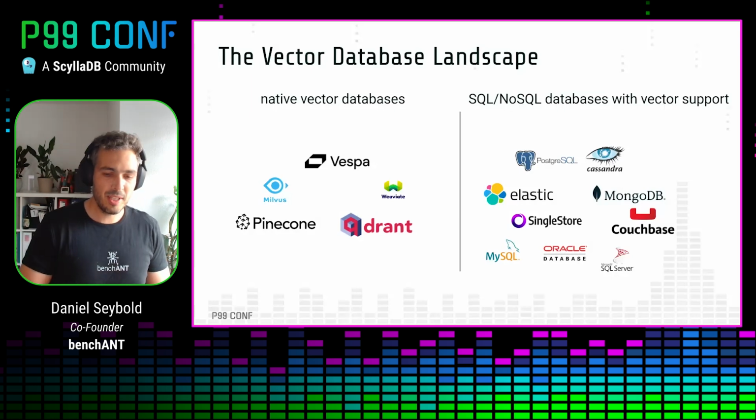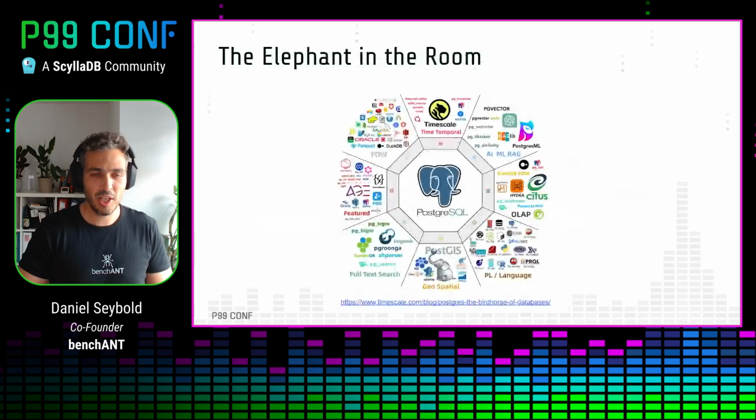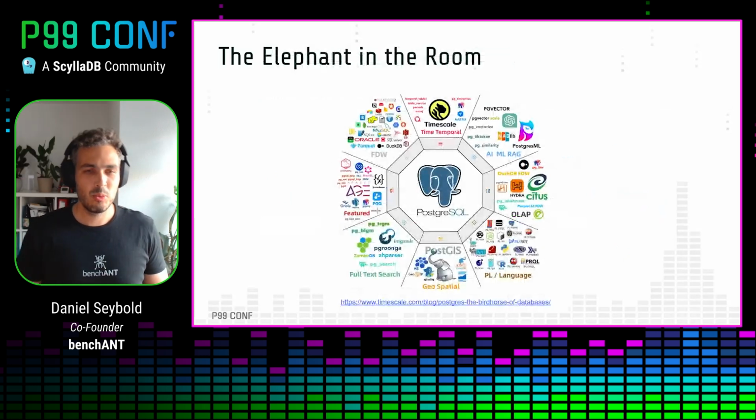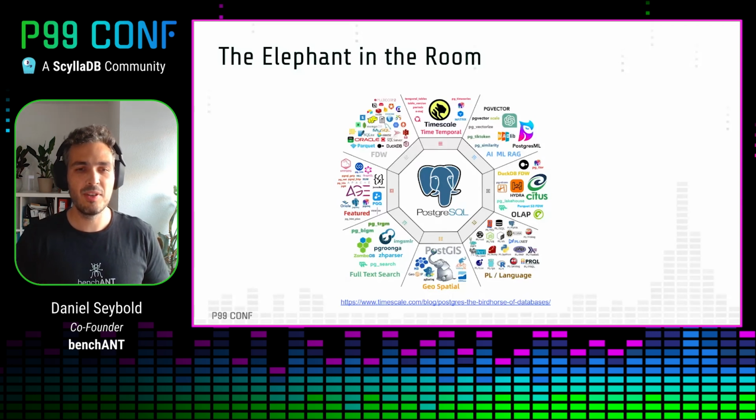Today's talk is going to be about just one, the elephant in the room. Postgres, which also became even more popular over the last years as an open source database with a very strong community and ecosystem. It supports a variety of extensions to basically support every kind of database use case.